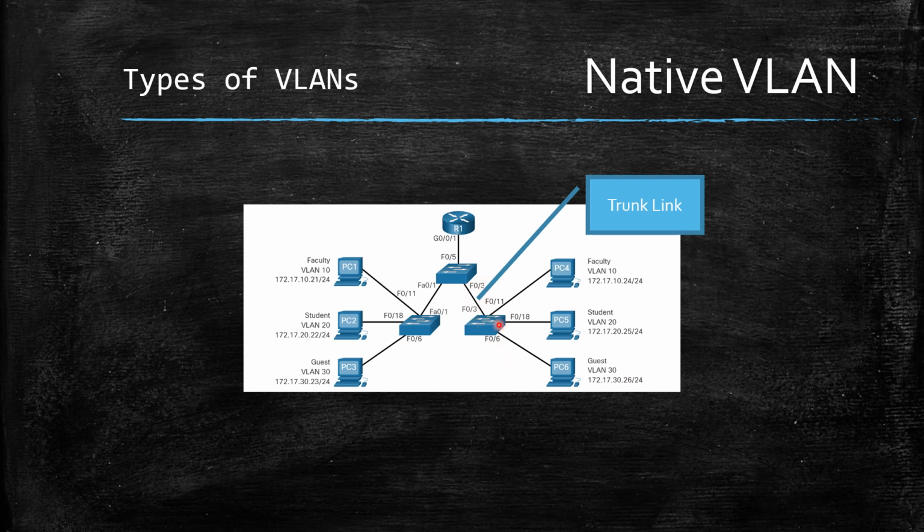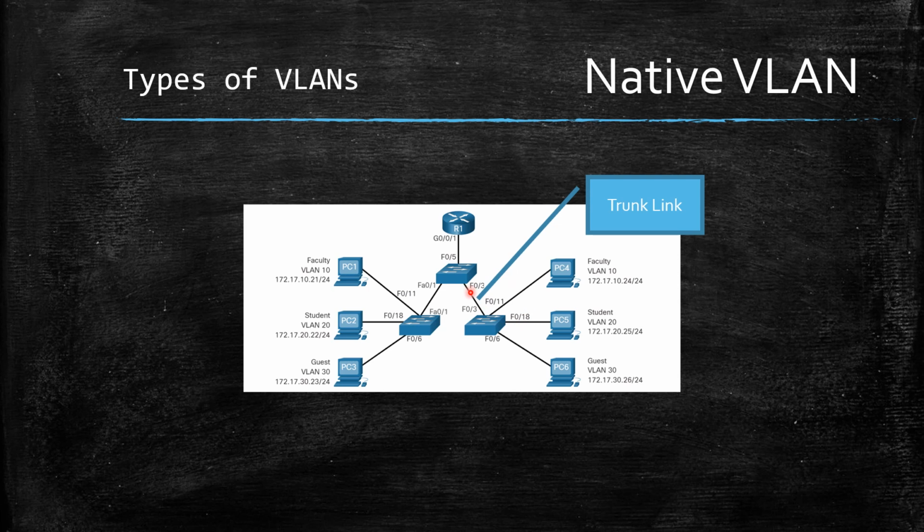To manage this trunk link, we must configure the native VLAN. Native VLAN means the common VLAN which exists between this switch and the other switch, because it is possible that we have not configured VLAN 10, 20 or 30 on one of the switches. But in order to successfully transfer the frames from one network device to the other, there must exist a common native VLAN between these two switches.